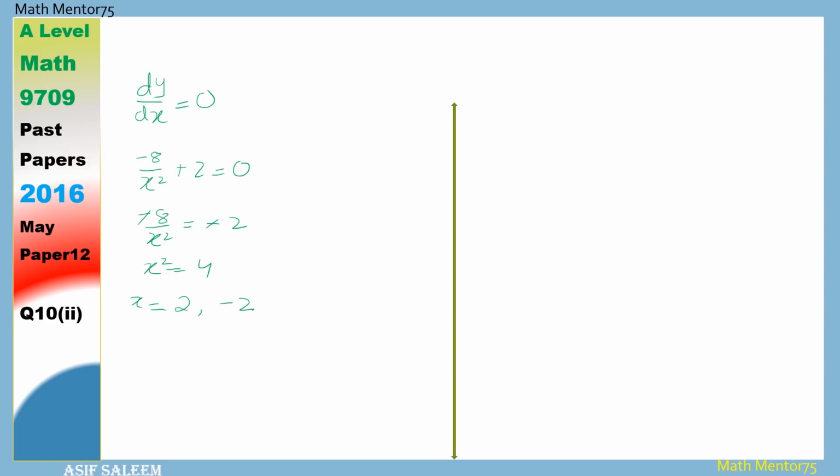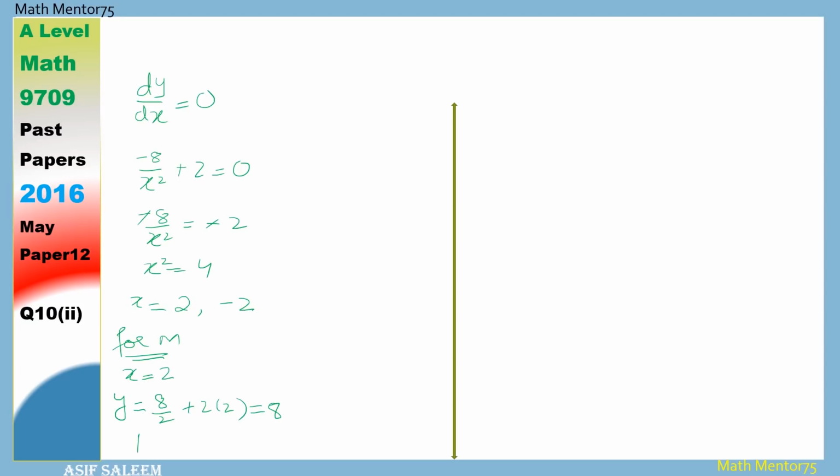Now for M, we know that M is in the first quadrant, x is positive. So we will put x equal to 2 in the curve. So y is equal to 8 over 2 plus 2 times 2, 4 plus 4 is 8.